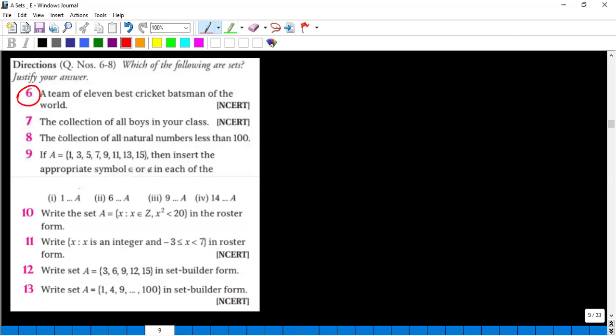Collection of boys in your class, we can frame a set with this. Next one is collection of all natural numbers less than 100. Yes, of course, we can make a set here: 1, 2, 3 and so on up to 99.